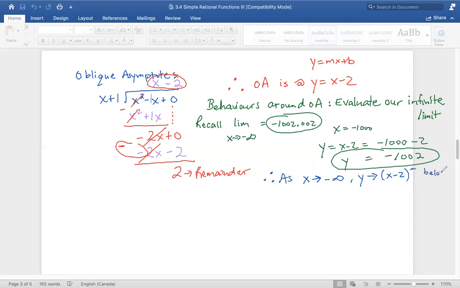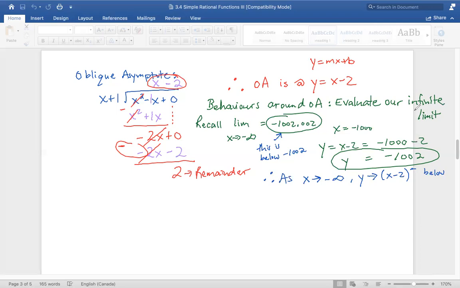That's what that means. It's going to be approaching that oblique asymptote from below, because this value here is below the value that I got when I plugged it into the oblique asymptote.